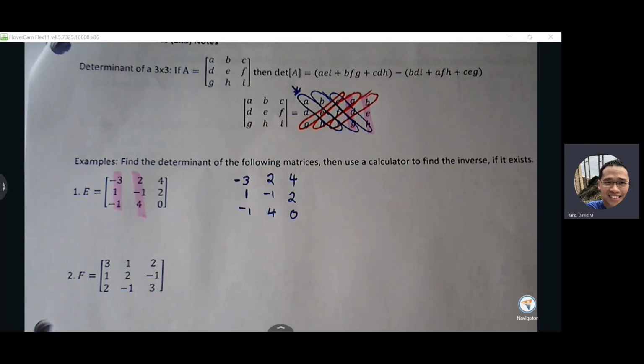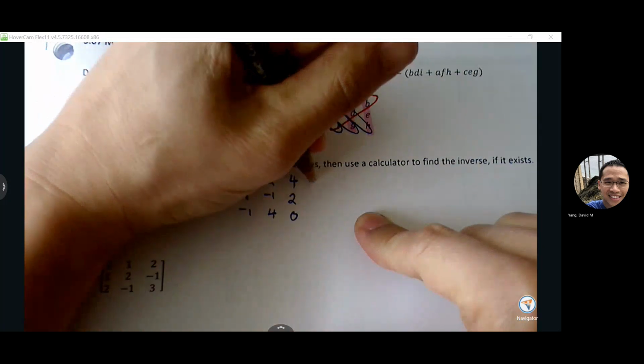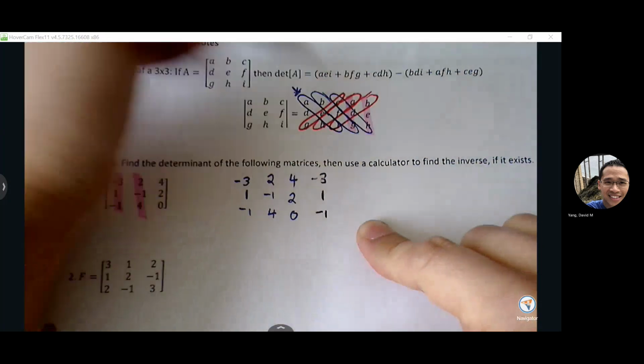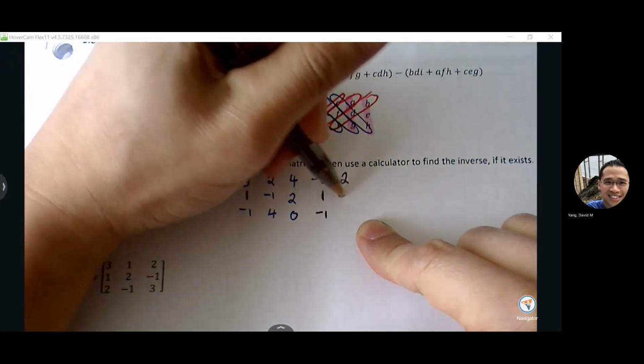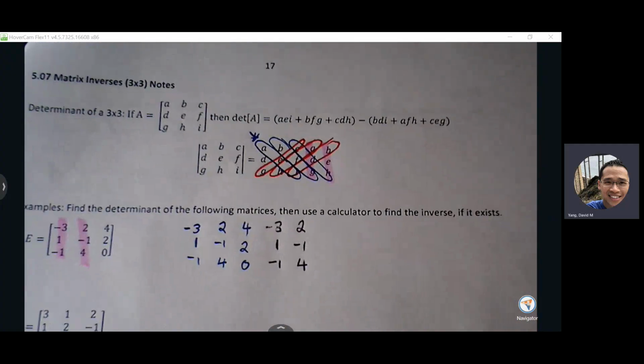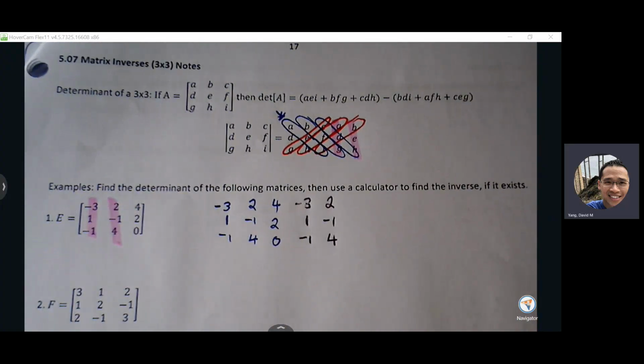I'll use a different color to show my fourth and fifth column. Everybody okay with expanding it into a 3x5 matrix?